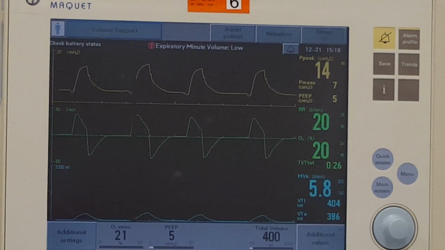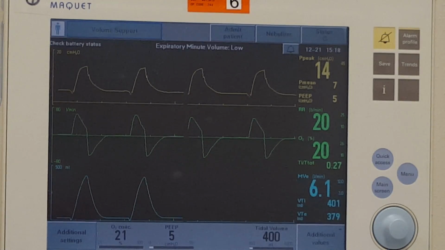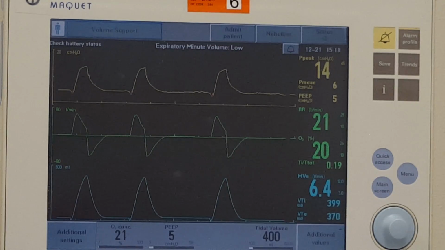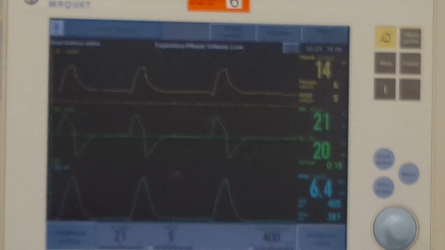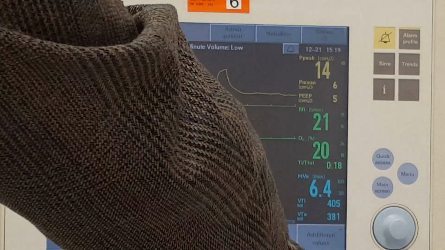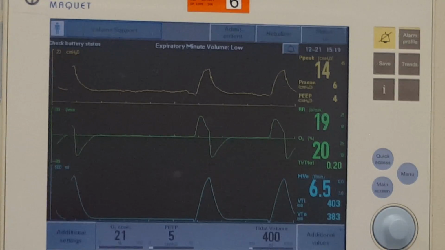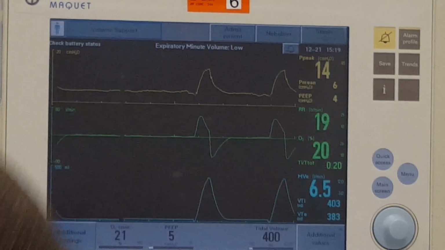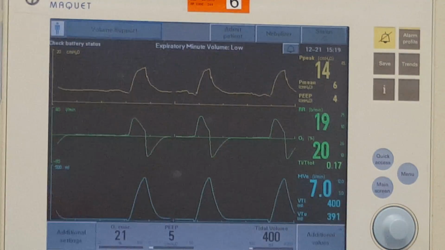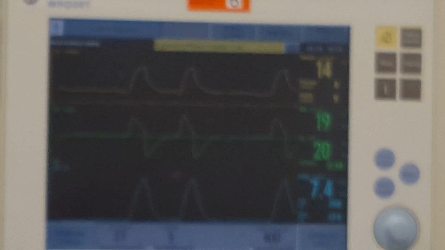So when we decrease compliance, we're in a pressure limited mode of ventilation, so we expect volume to fall. Well, we have a volume target, so if our volume falls after compliance goes down, what's going to happen over the next few breaths? Our pressure support is going to go up. So watch what happens. You can see we're at 400 for our inspiratory volume right now.